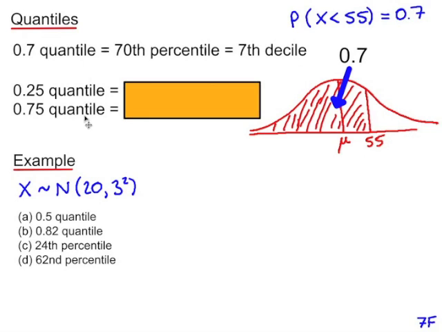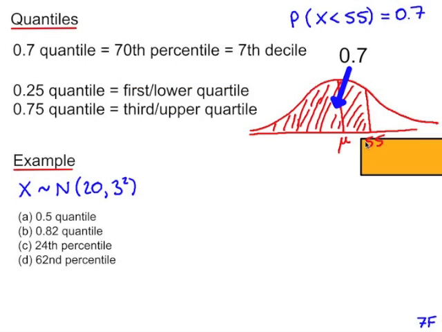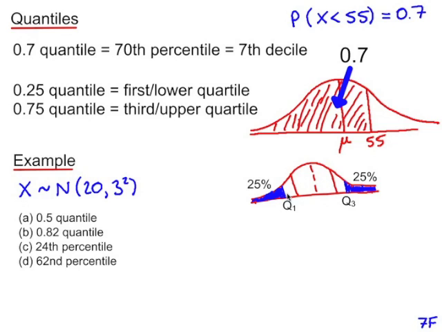You may have come across these quantiles before, the 0.25 quantile and the 0.75 quantile. They're known as the first or lower quartile and third or upper quartile. 25% of scores are below the lower quartile and 25% of scores are above the upper quartile.